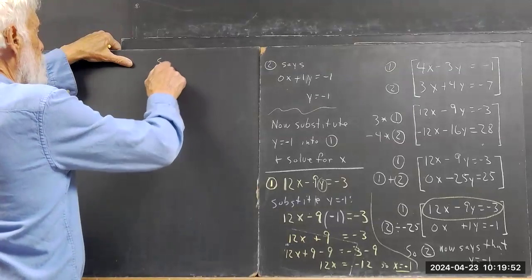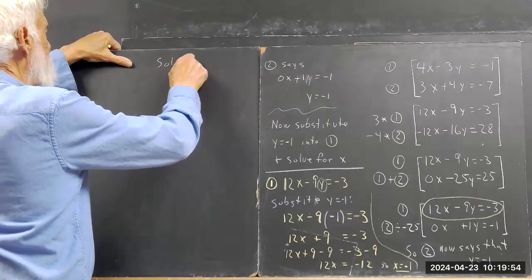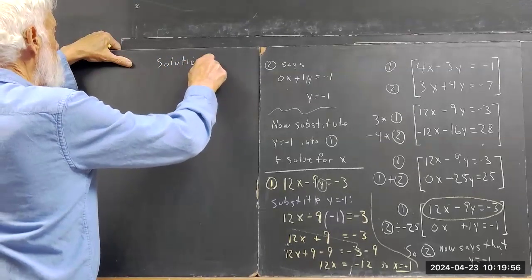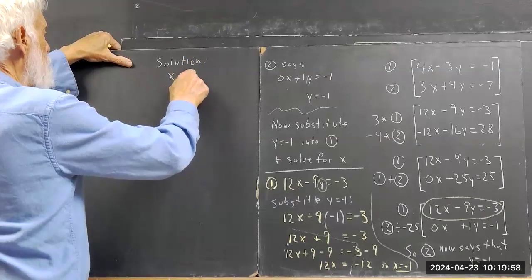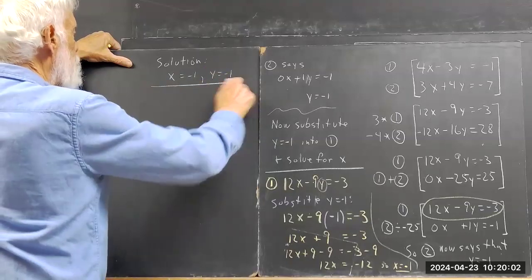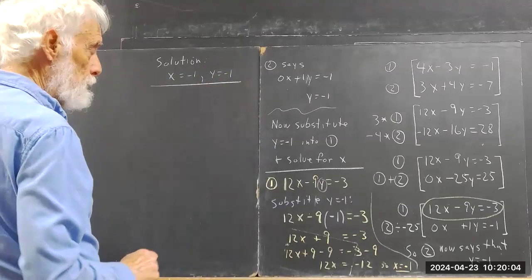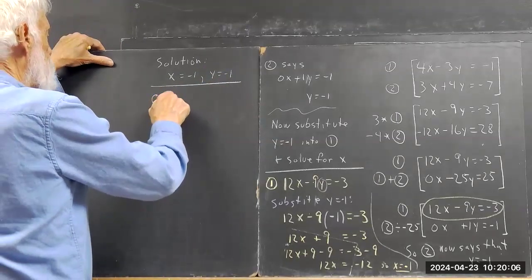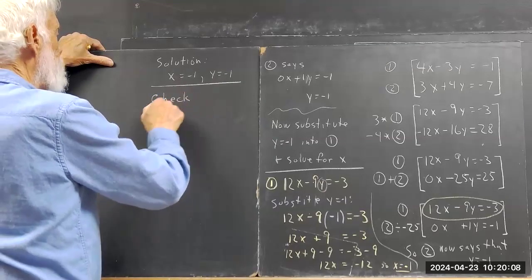Okay, so first off, solution. X equals -1, y equals -1. Now we check.